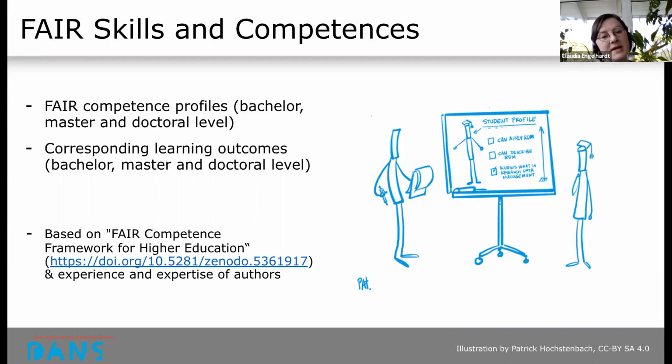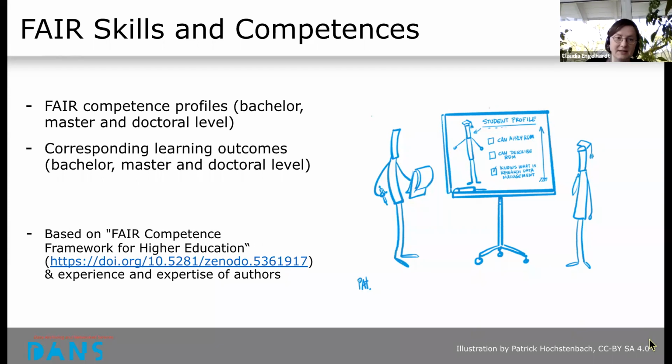And we have also created corresponding learning outcomes for these. And the work with regard to this chapter was based on work that was done in FAIRsFAIR earlier, the FAIR competence framework for higher education.